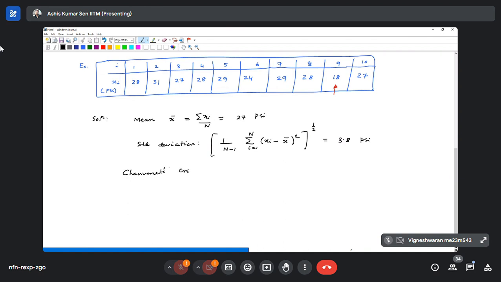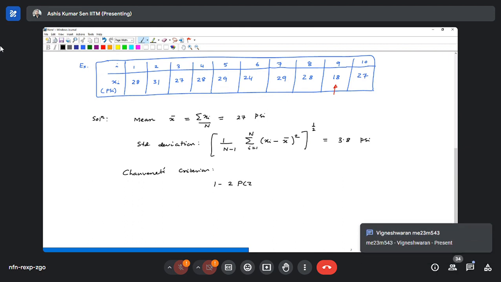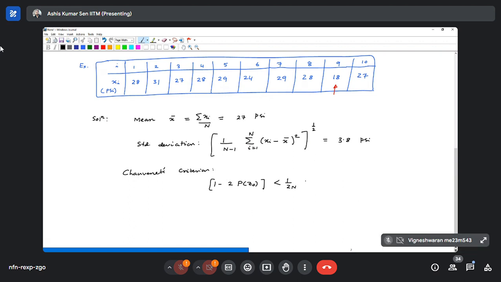It tells you that if for a data point you have 1 minus 2 p(z0) less than 1 over 2n, then the data point is a potential outlier.